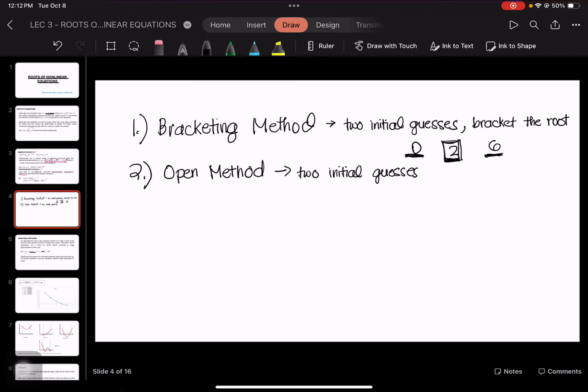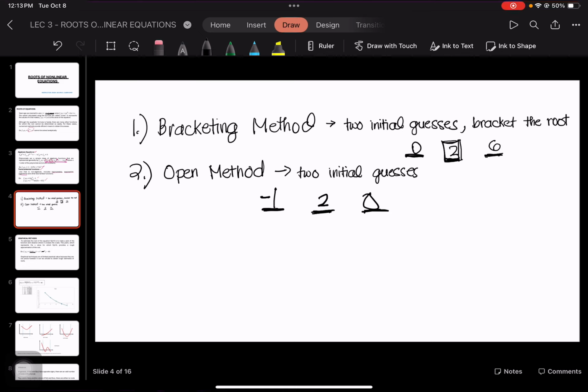While sa open method, magpo-provide ka ng 2 initial guesses. So, let's say this is our root. Yung mga guesses natin, not necessarily brackets the root. So, pwede siyang -1, and then, pwedeng 0.